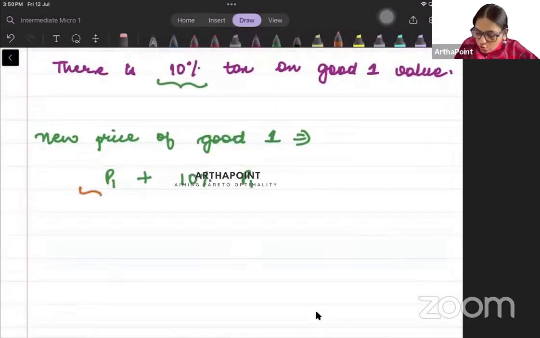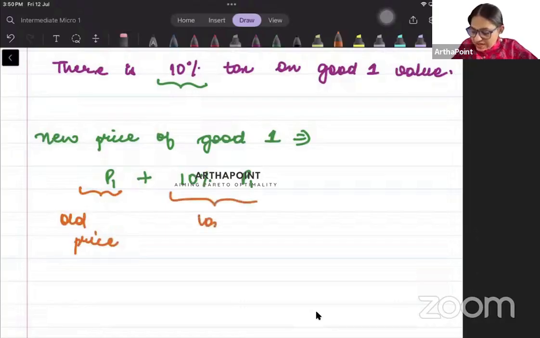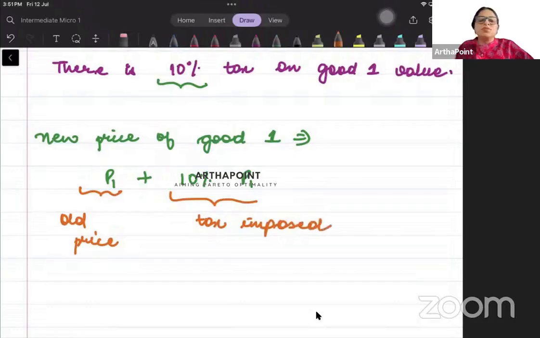So this is my old price. है ना? And this is the tax imposed. And कैसे tax impose कर रहे हैं? How am I imposing tax, beta? In terms of some percentage, right? It is 10% of the old value of the old price.